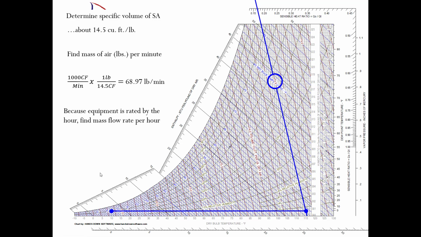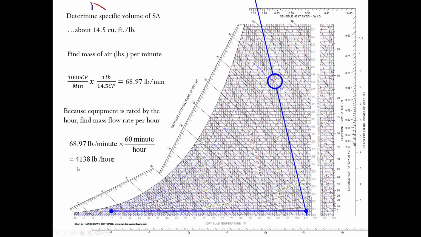Okay, so now that's not quite enough because all of our equipment is rated in the mass flow rate per hour. Remember, we're typically talking about BTUs per hour or tons of heating and cooling. So we're going to need to convert from pounds per minute to pounds per hour. And that's just a simple multiplication.